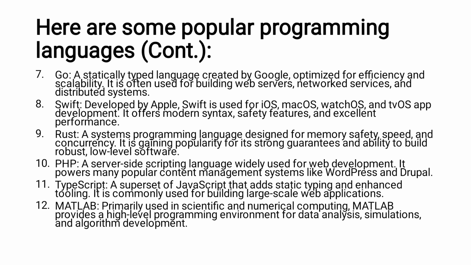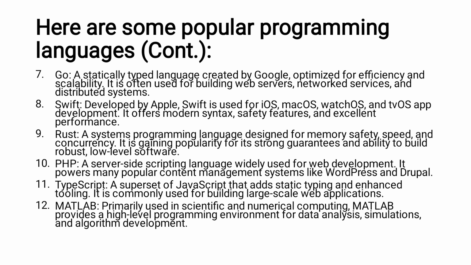Then the next one is Rust, a systems programming language designed for memory safety, speed, and concurrency. So it's gaining popularity for its strong guarantees and ability to build robust low-level software. We have also PHP, and it's a server-side scripting language widely used for web development.